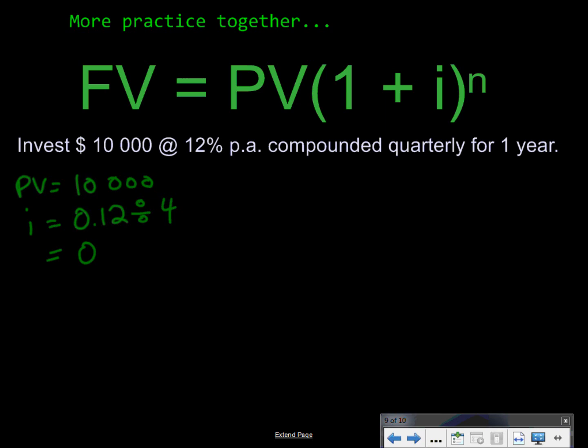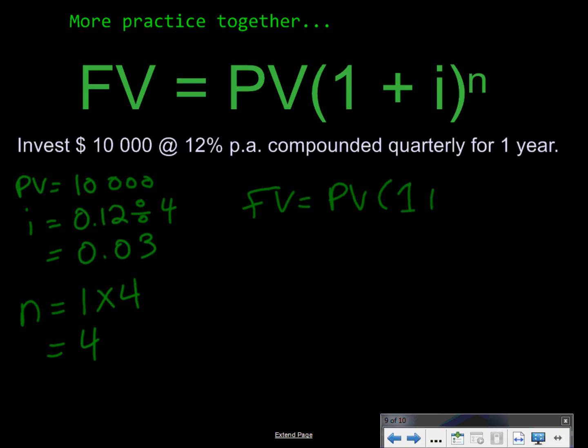No, it's just 1 year. Yeah, but because it's 4 times a year, N is 1 year times 4, so my exponent would actually be 4. Because quarterly. Future value is equal to present value, 1 plus I to the exponent N. So $10,000, 1 plus 0.03 to the exponent 4.